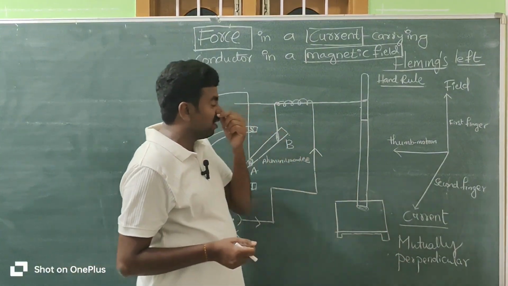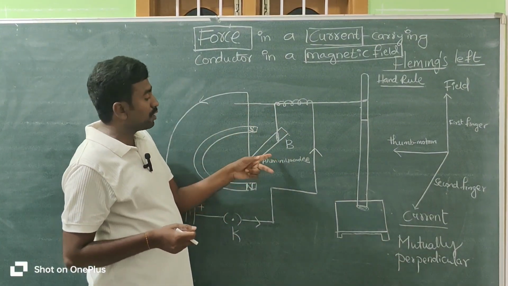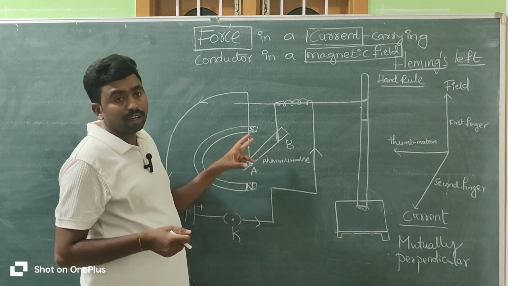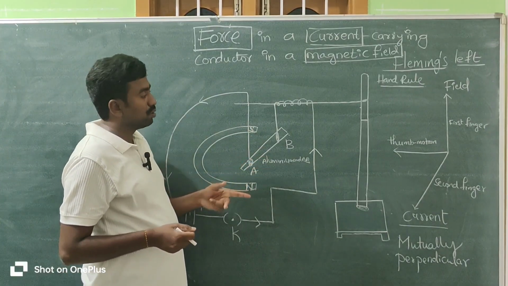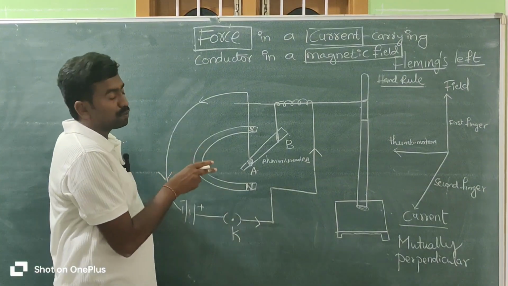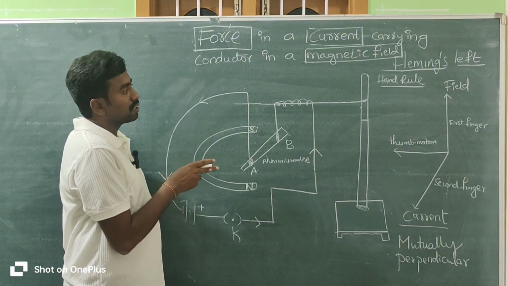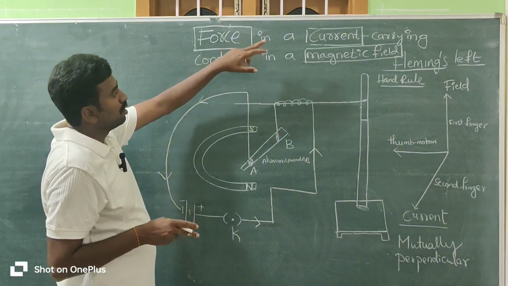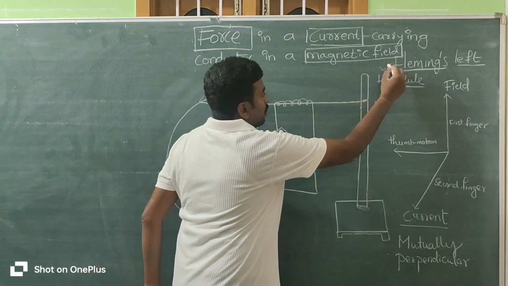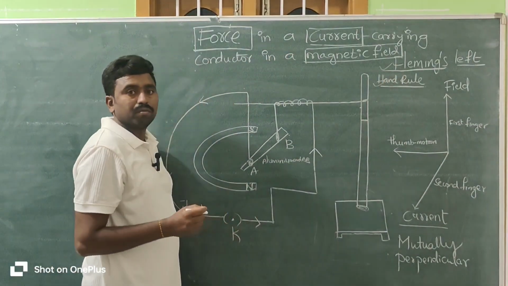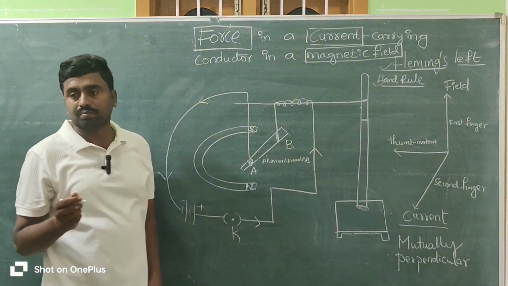Fleming's left hand rule explains the relation among force, current, and magnetic field. Based on this observation, the relation among force, current, and magnetic field is explained by Fleming's left hand rule. Okay, this is very useful.